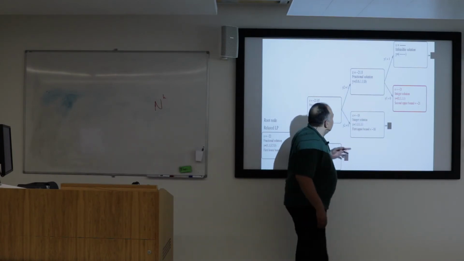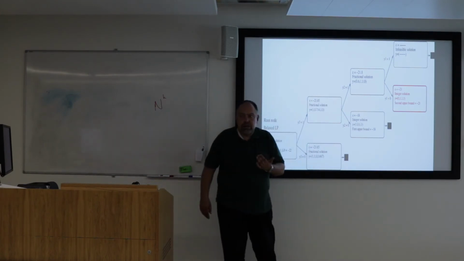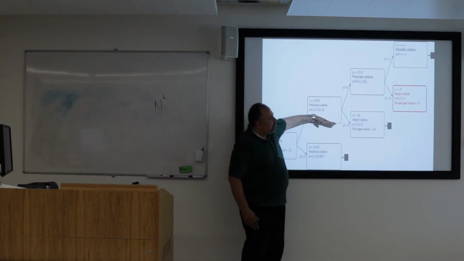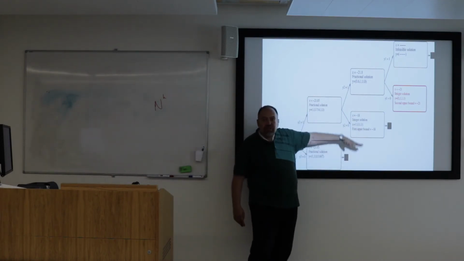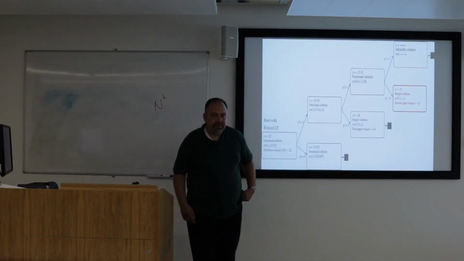If I find a lower bound which is already higher than an upper bound, no need to expand it, because it's already worse than an upper bound. So implicitly, you are fathoming part of the tree without having seen it. And all because your problem is convex, and in this case, it's linear.